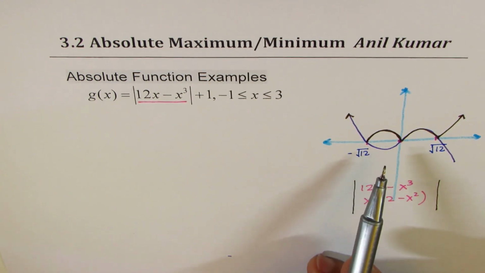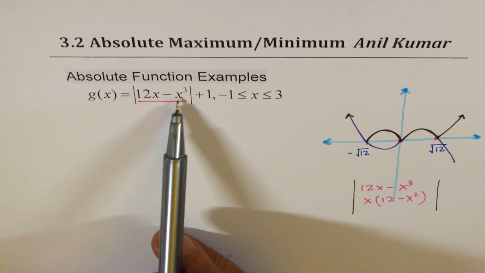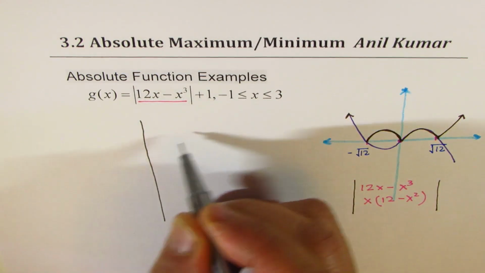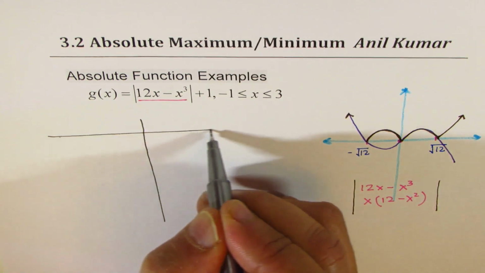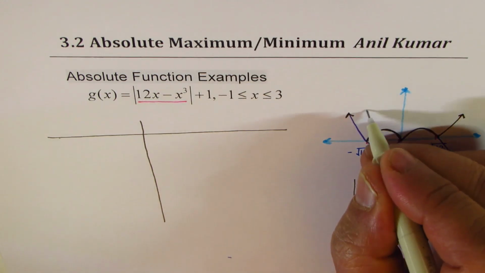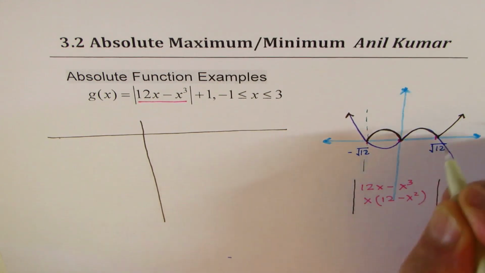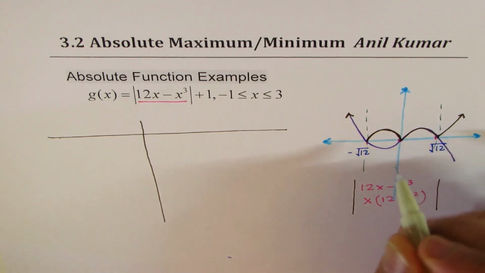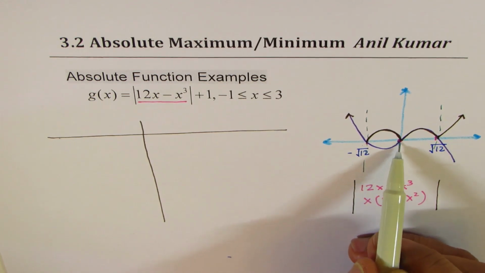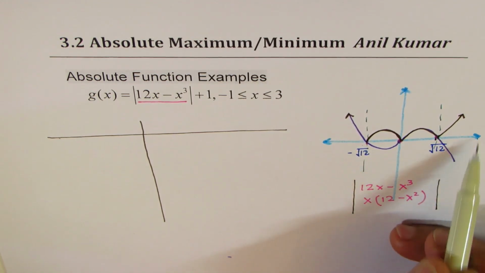So the idea is that the portion within the absolute value could be written as a piecewise function, right? The pieces are being joined together at a couple of points. So our points are from minus square root 12 to 0, then 0 to square root 12, and thereafter.